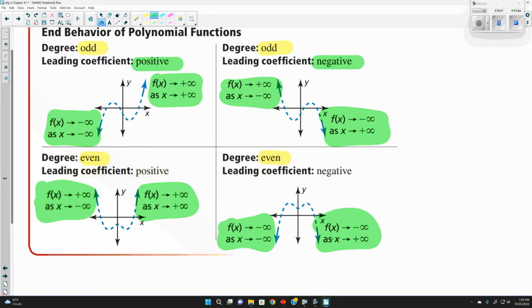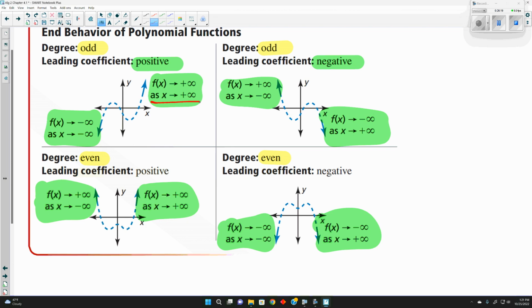Now with odd functions, you really haven't encountered too many odd degree functions, except in Algebra 1. Because a linear function is x to the first power, so the degree is 1, which means it is odd, yes? And what these are both saying is that as x approaches negative infinity, and as x approaches infinity, as x gets bigger, f of x, or y, does what?